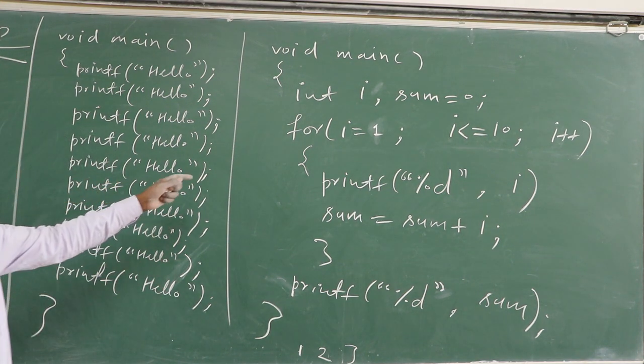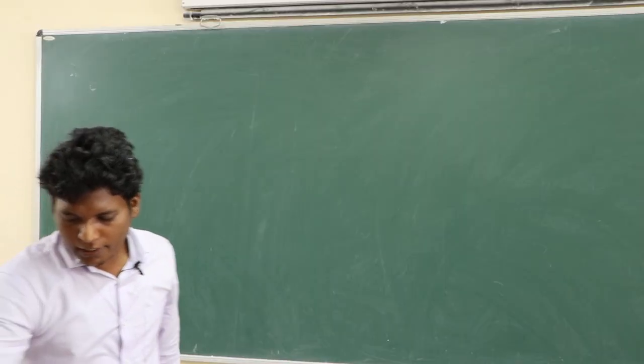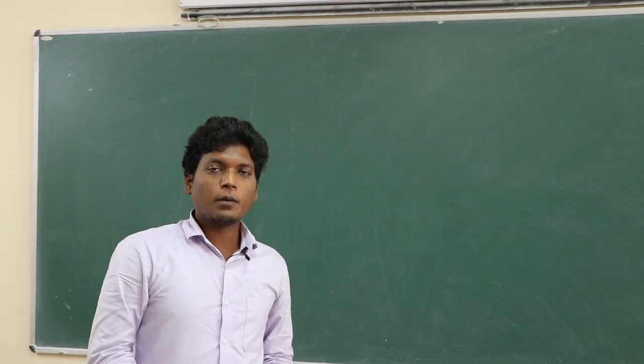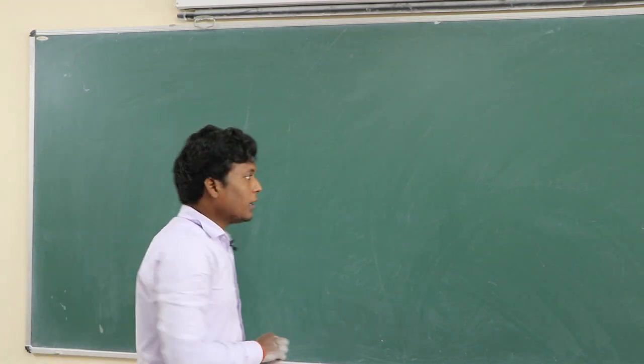Write a program in C to print the 10 natural numbers and their summation. Another example on for loop: write a program in C to check whether a given number is a prime number or not.